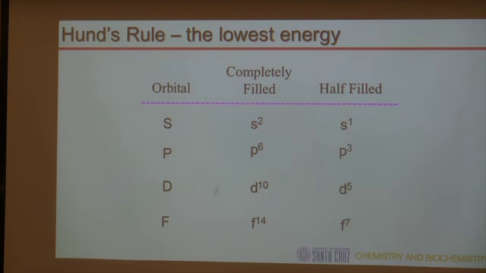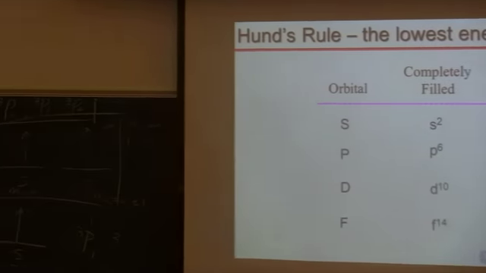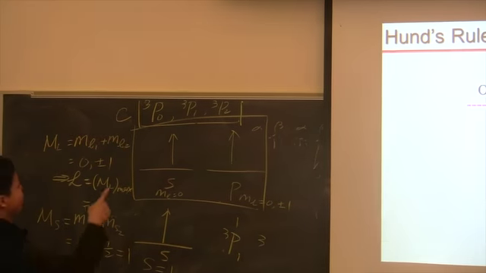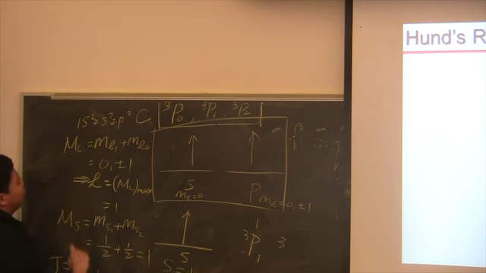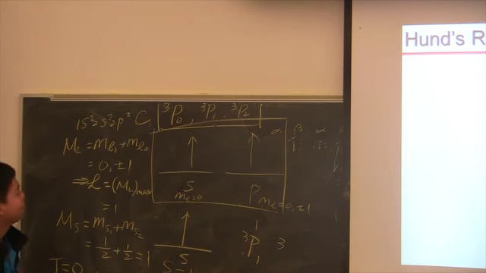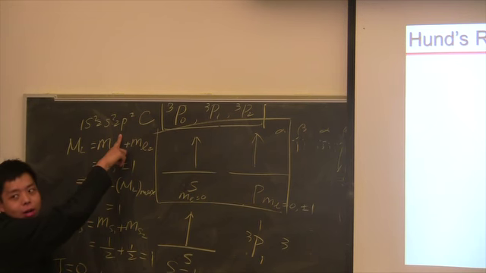Based on Hund's rules, you will be able to tell which one is lowest. Let's say with our carbon atom, which one has the lowest energy? The carbon atom configuration is 3P0. It is less than half filled, right?